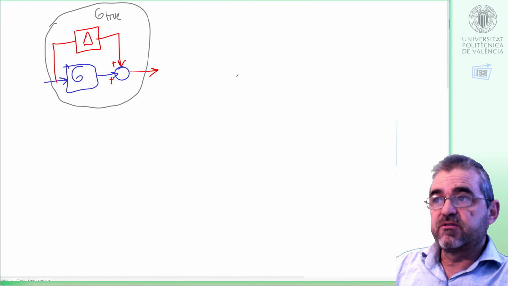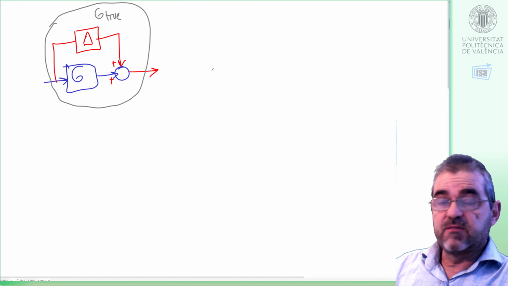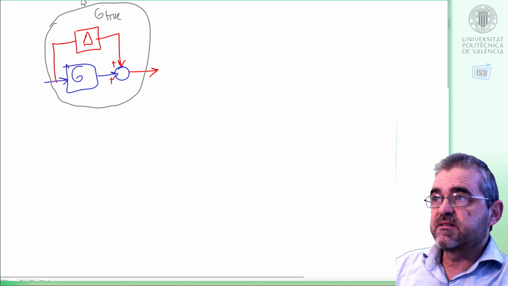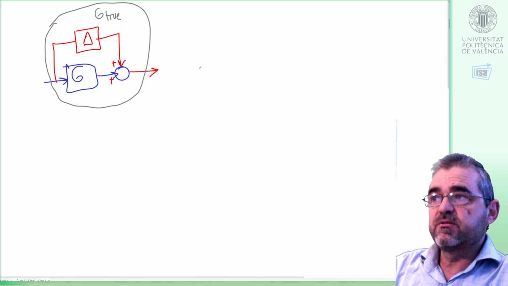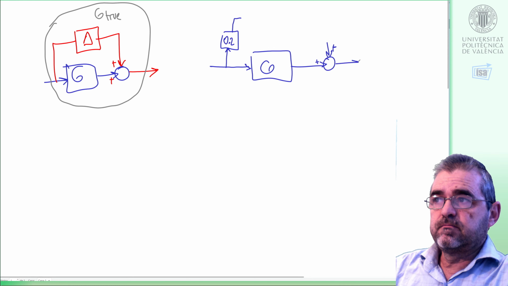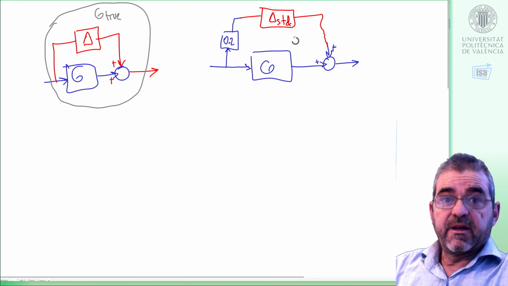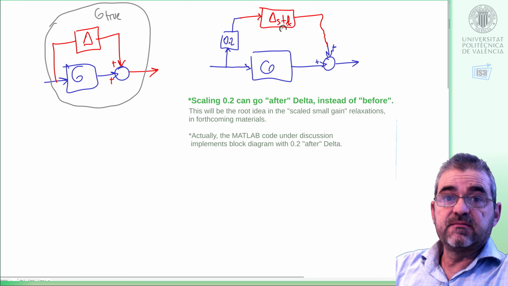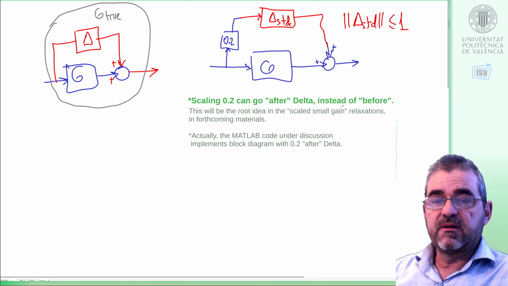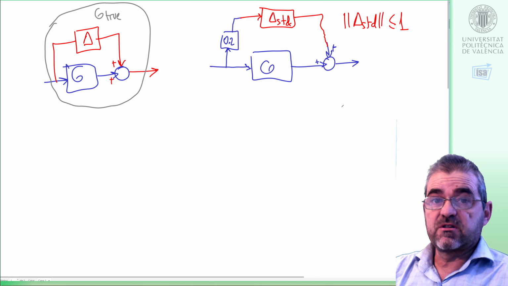This normalization of the uncertainty is important in theoretical developments. So instead of having this delta of size 0.2, we are equivalently representing it by a standardized delta less than 1. Scaling to 1 the things we wish is common practice in robust control, with no loss of generality.